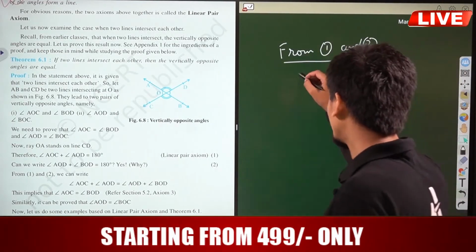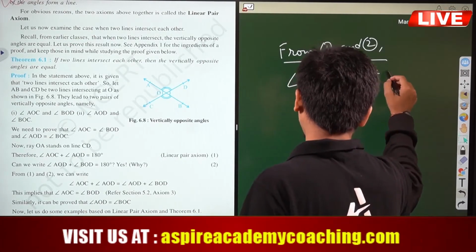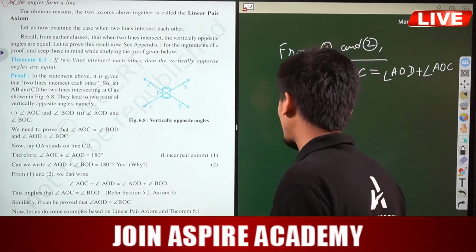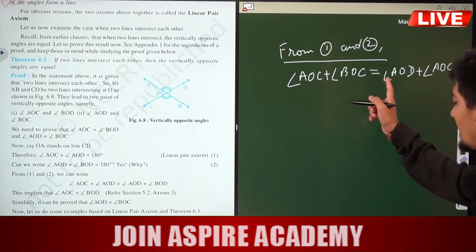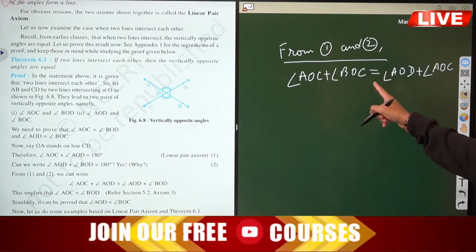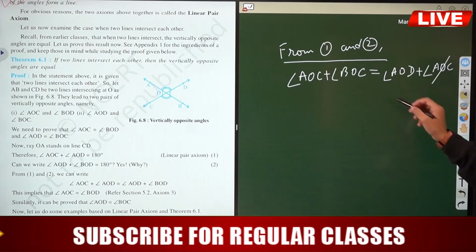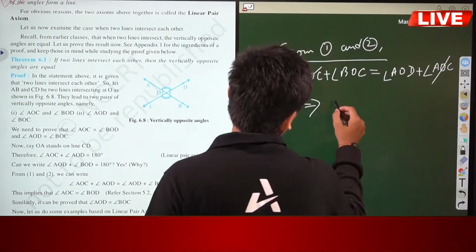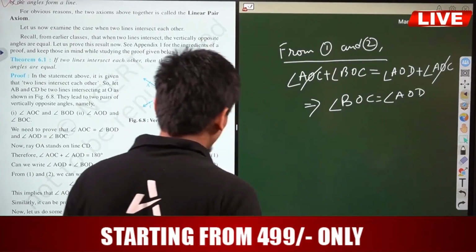Now AOC is common on both sides, so we can cancel it out, which implies what remains: angle BOC is equal to angle AOD.